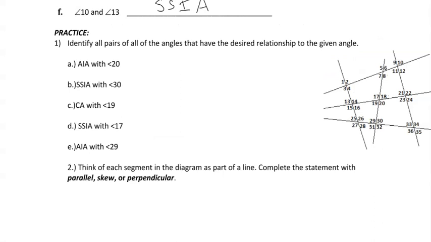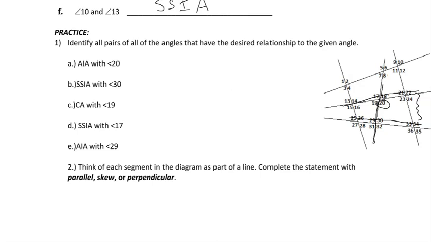Okay, so this wants us to talk about all angles that are alternate interior with 20. Here's 20. What are all the alternate interiors? Well, if I went over and I had this line, and this was my transversal right here, what would be switching side and on the interior? It'd be 20 and 29.